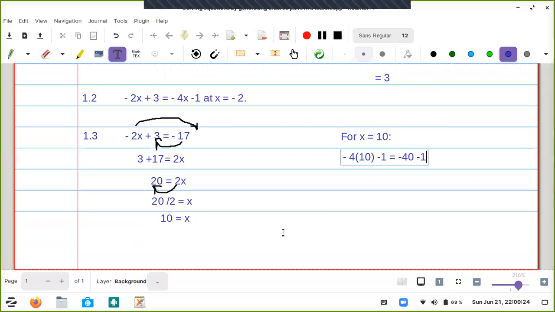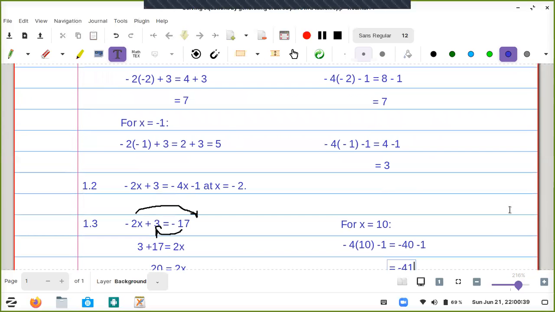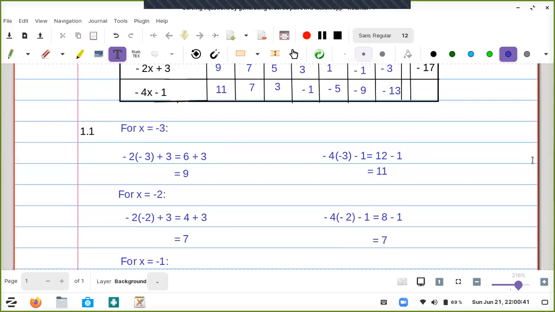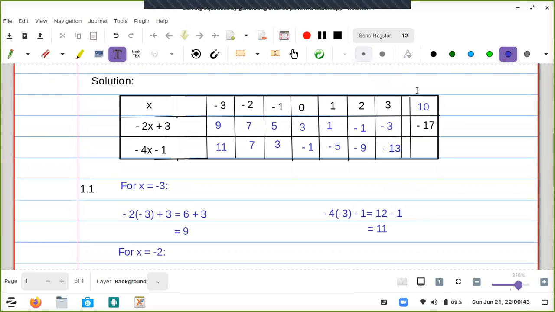Then we get negative 41. Which means I'm now finally done completing my table. So that's how we do it.